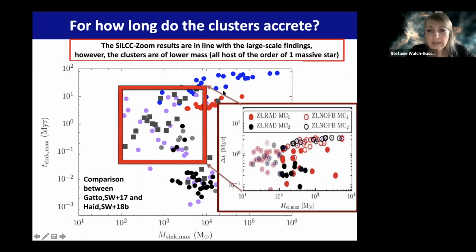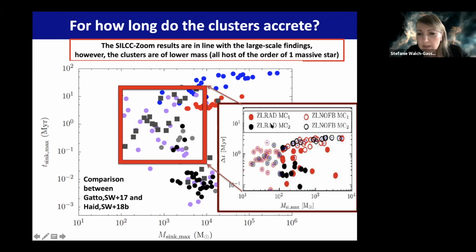Now comparing this to the small scales, I was always wondering if this would actually hold if we go to the zoom-ins on the 0.1 parsec scale. And the interesting thing is that it actually does. We also ran the zoom-ins without feedback. The empty circles here show the result of the no-feedback run, and this is exactly the branch which we also found on the large scale.